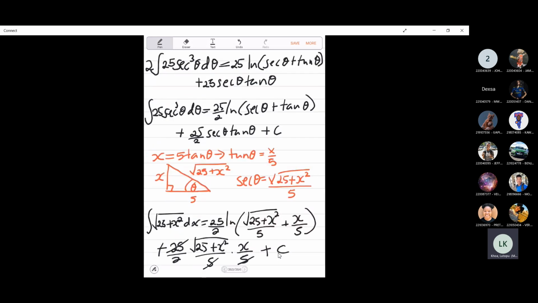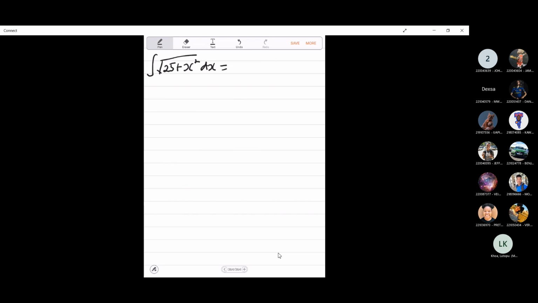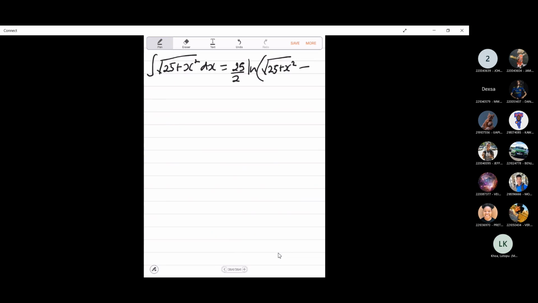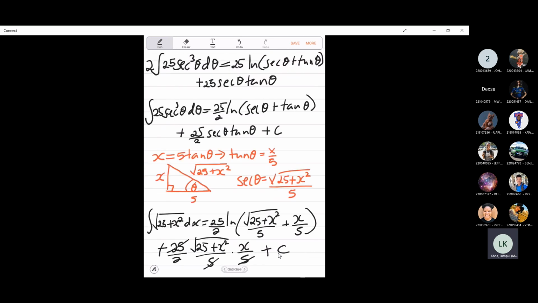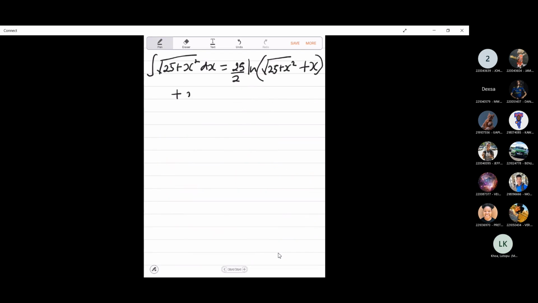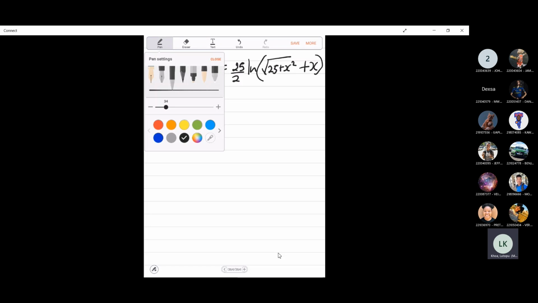This is 25 over 2 ln of the square root of 25 plus x squared plus x, then plus x over 2, and then I still have a constant here.